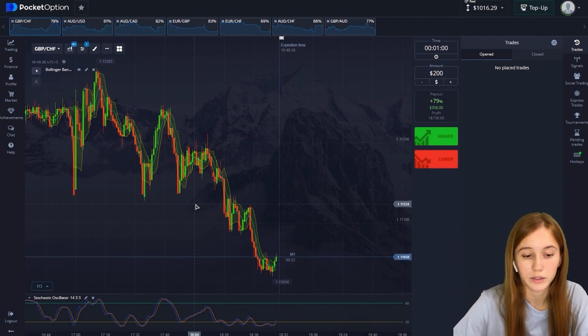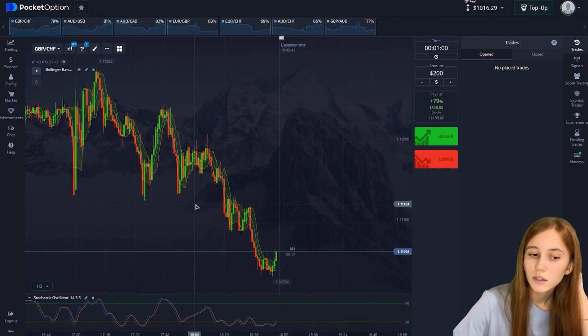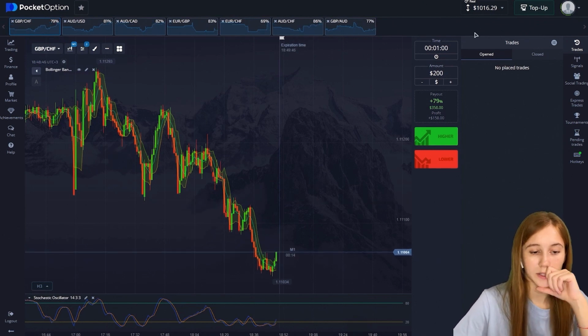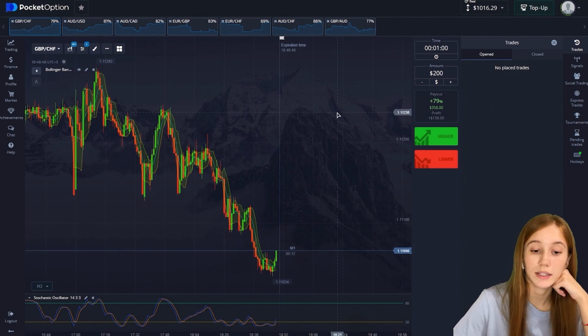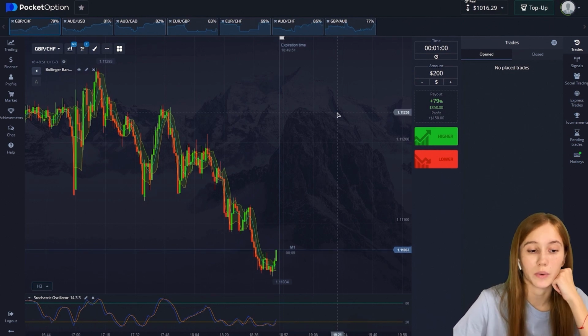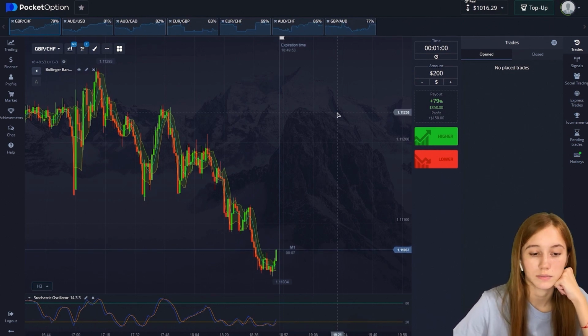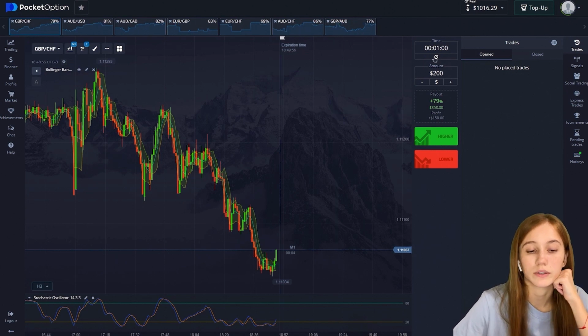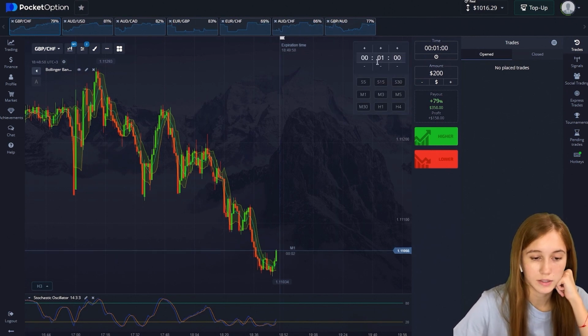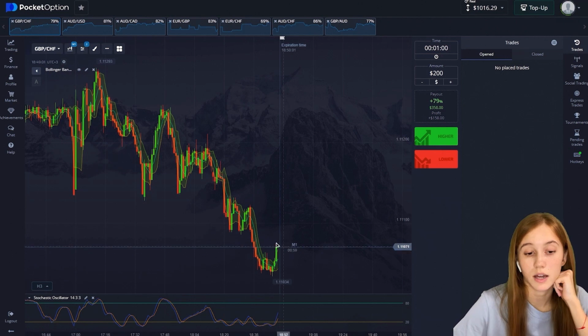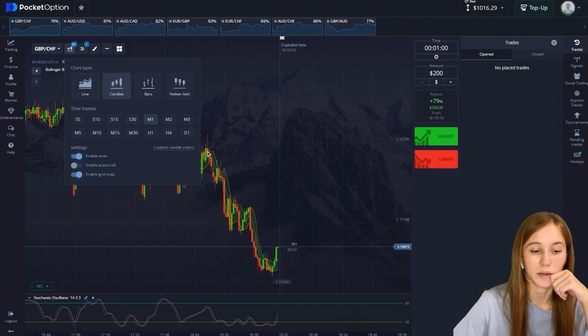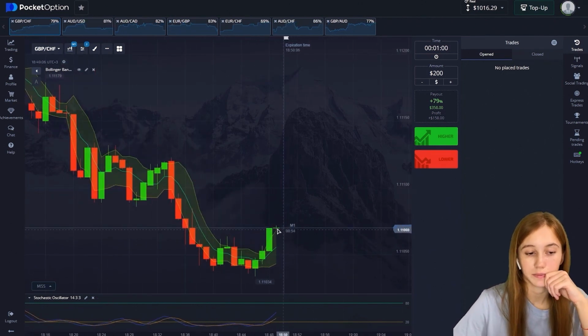Let's finish our trading session for today and summarize it. Our balance was only $100 at the beginning, but now it's more than $1,000, so it's a good result, I think. The balance is very important. Our parameters: deal time is 1 minute, time frame on our chart is also 1 minute.